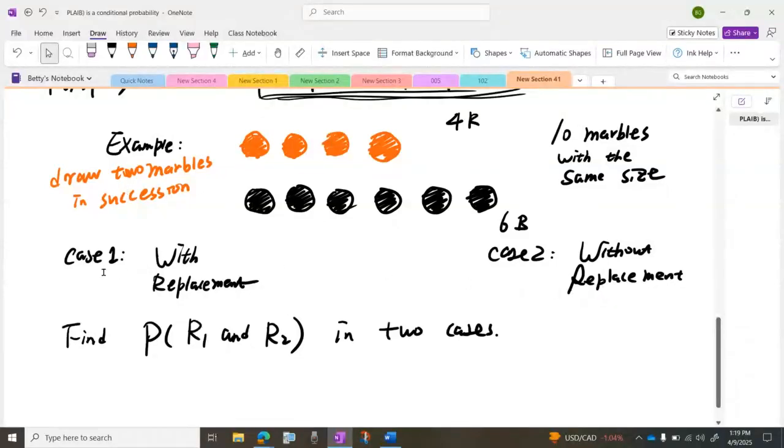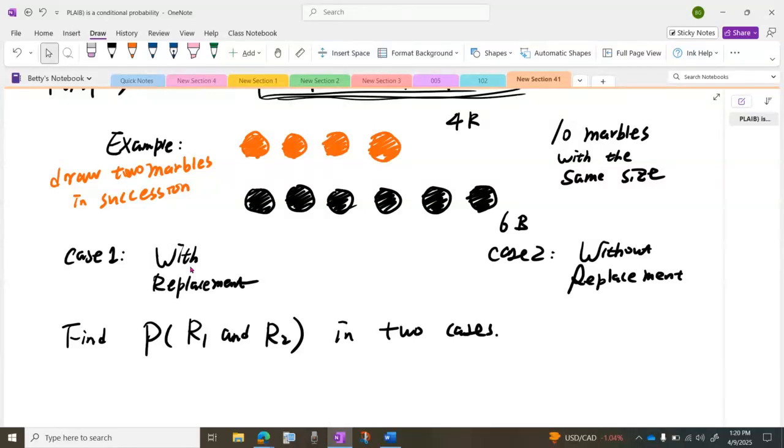The first case, with replacement, is we grab a marble, record the color, and then put the marble back into the bag. So when we take the second marble, we still have 10 marbles in the bag.